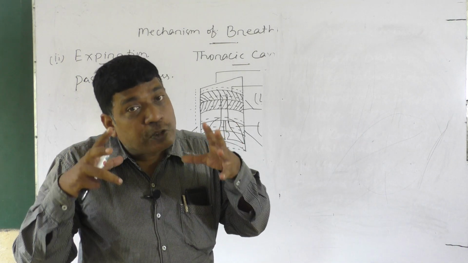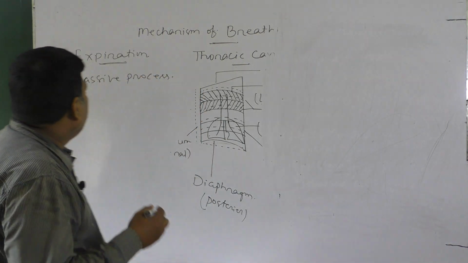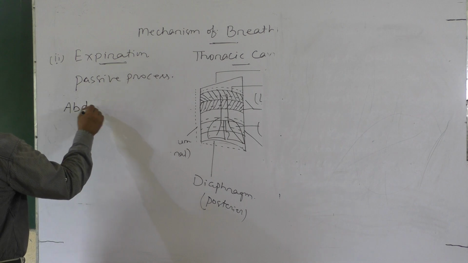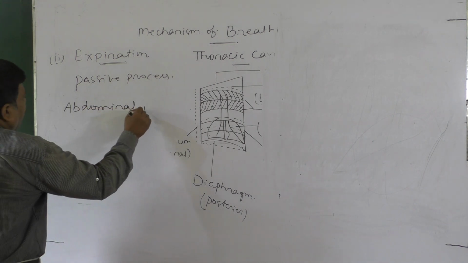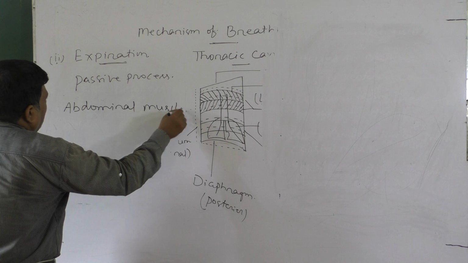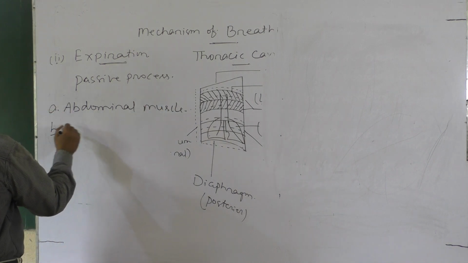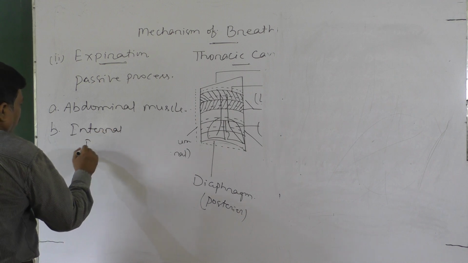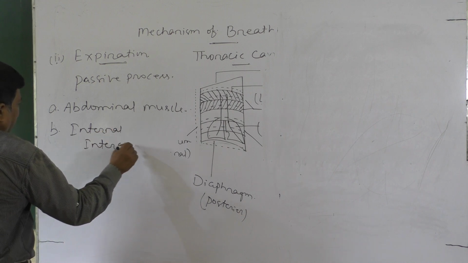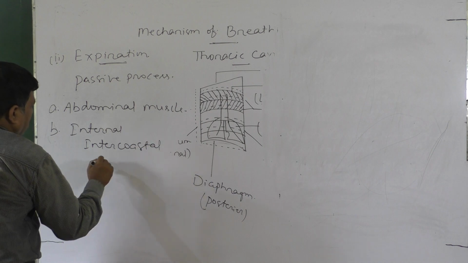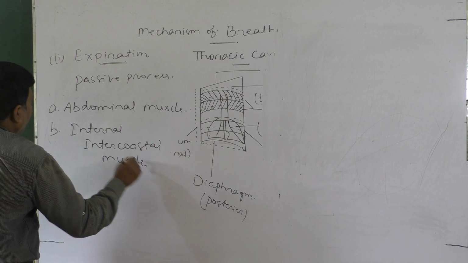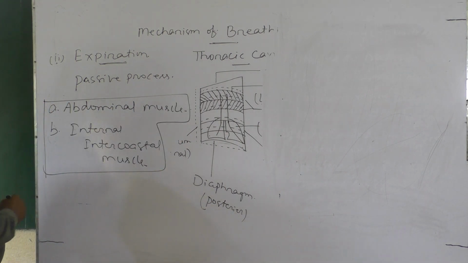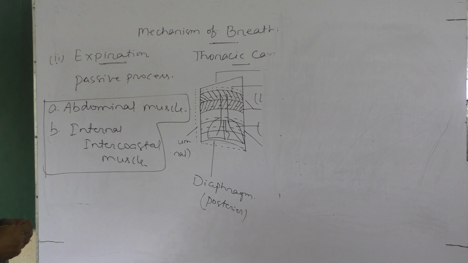But in forceful expiration, one is your abdominal muscle and another is internal intercostal muscle.